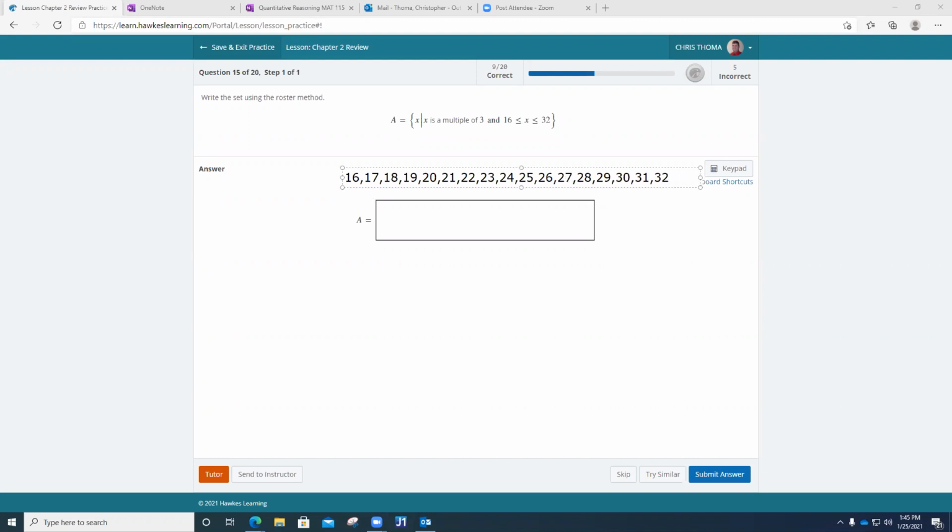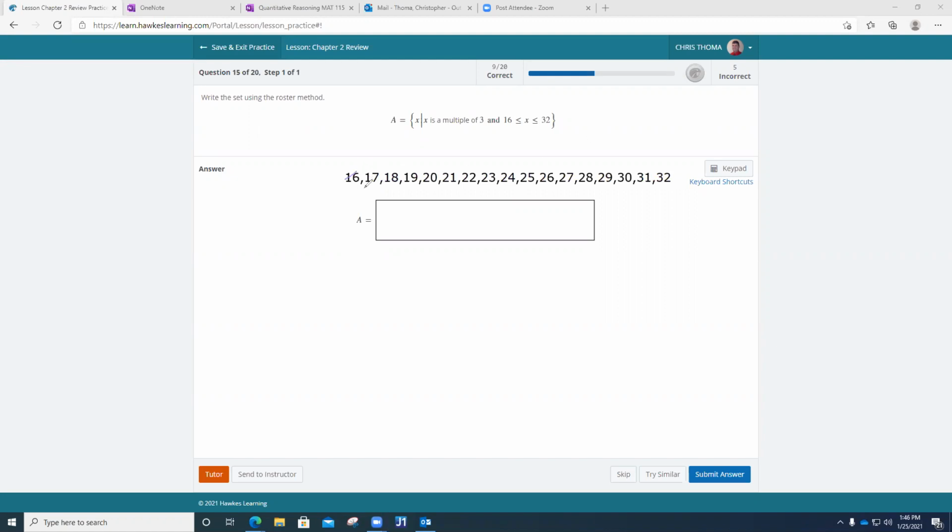Now for something to be divisible by 3, if I add up the digits, then the sum is also divisible by 3. So 1 plus 6 is 7. 7 is not divisible by 3, so 16 is not divisible by 3. So that is not one of my answers.